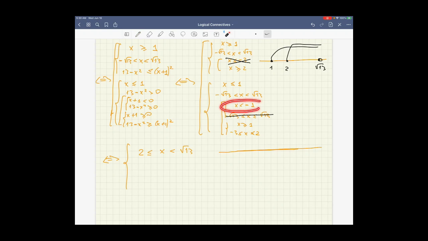Let's say this system. We have this system, right? So x is less than negative 1. I might have made a mistake in the previous step.